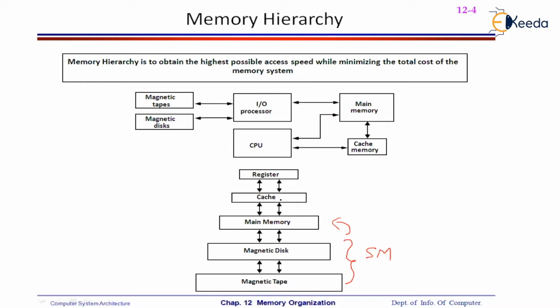Of course, the cache memory initially doesn't have anything, so the CPU will access the data directly from the main memory. Meanwhile, the data will also be transferred to the cache memory for future references, because the data which is accessed currently may also be accessed in the near future. For that reason, the data is transferred from main memory to cache memory.